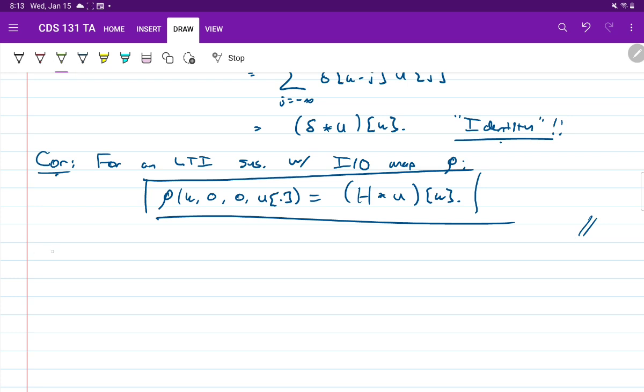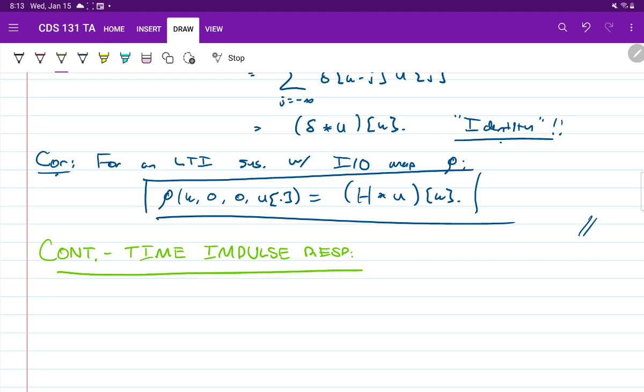So we can move on to our second point for today, which is the continuous time impulse response. Now, I just want to quickly point out an observation about how we've structured this lecture. Usually in these lectures we start in continuous time, and all the way at the end, we specify how these results translate over to discrete time.